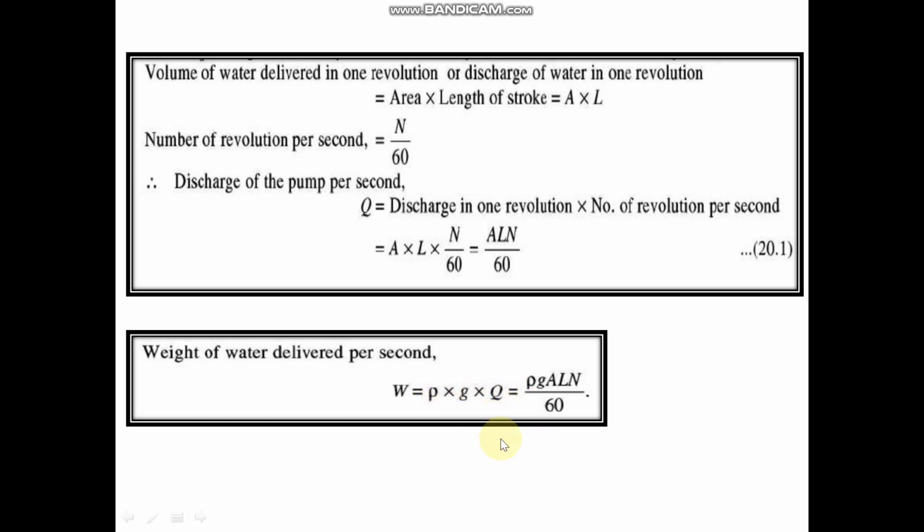So mass by time is the mass flow rate, and we know that mass flow rate is equal to rho into Q. So the formula becomes weight is equal to rho into Q into g, wherein we know the discharge by using single acting reciprocating pump. So the final formula becomes rho g ALN upon 60.